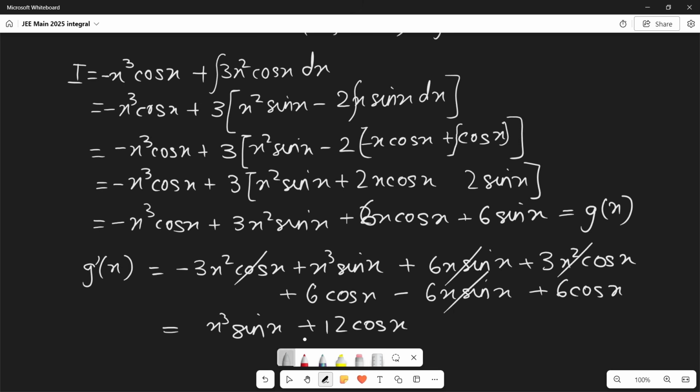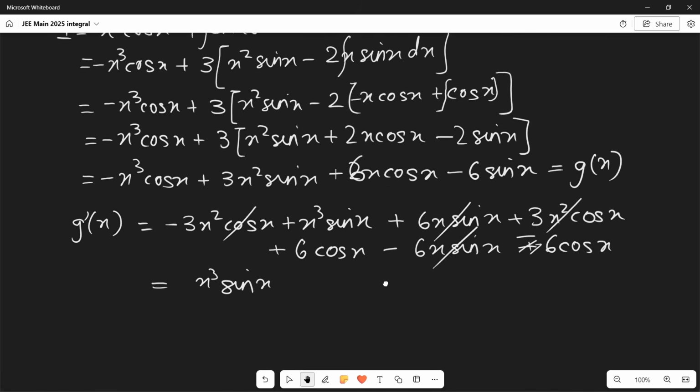This will be a minus here. So the final one will have minus 6 cos x. So we have g dash x as x cubed sin x.